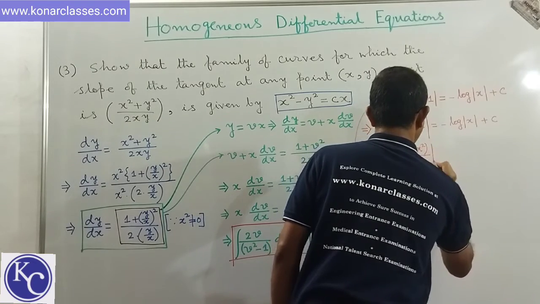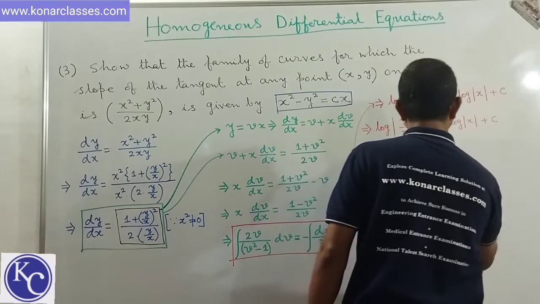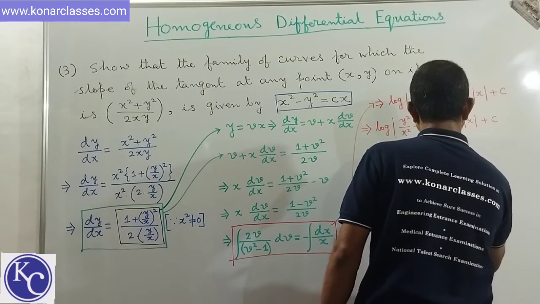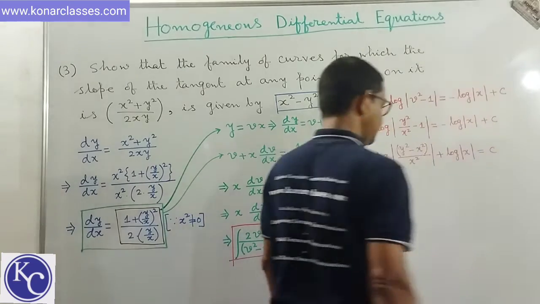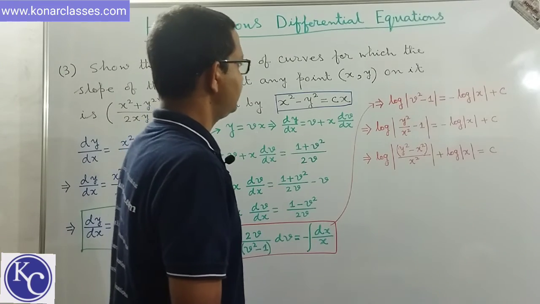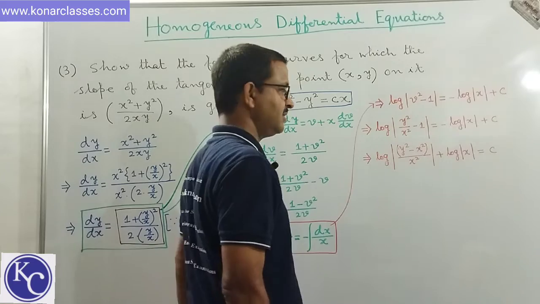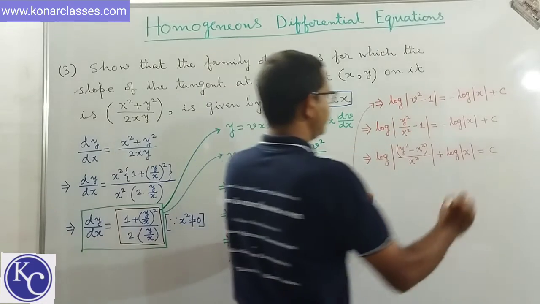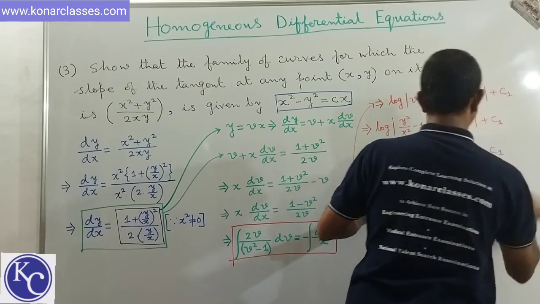Now this minus log x we took to the left hand side, that becomes plus log mod x. In the right hand side we get c, correct? Let us make it C1, the integrating constant.